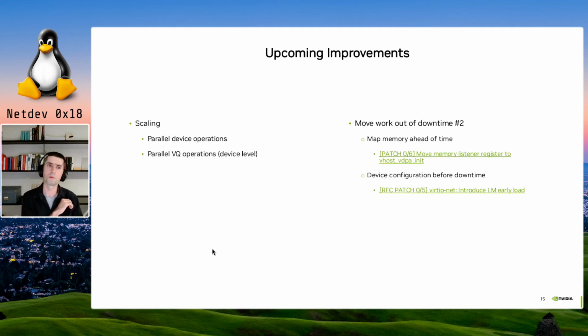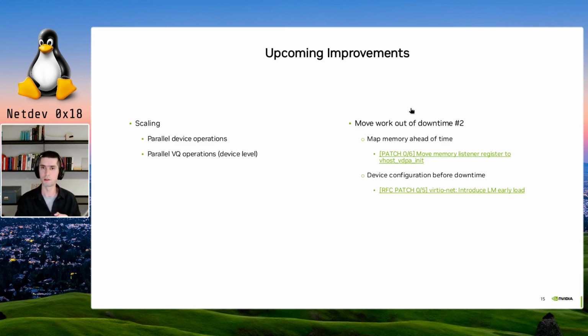Then for upcoming improvements, Siwei mentioned this, we have parallel device operations driven from the QEMU side, and parallel VQ operations. This is work in progress, where we parallelize the VQ suspend and resume, and also the memory mapping creation and deletion.